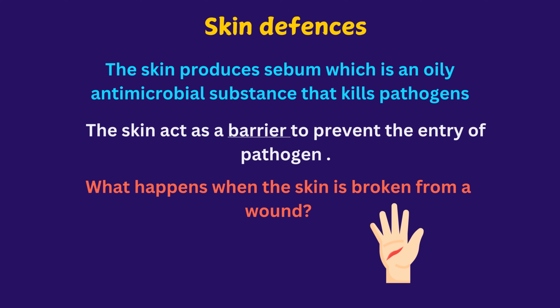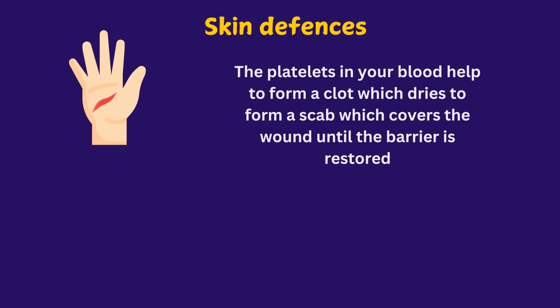But what if you have a cut? What if there is a wound? What if the skin is broken? It means that this barrier is now broken, and so pathogens could enter from that point. If there is a break in the skin, the platelets that are found in your blood, remember when you looked at blood components and you spoke about red blood cells, white blood cells, and platelets? Yes, we're talking about those same platelets.